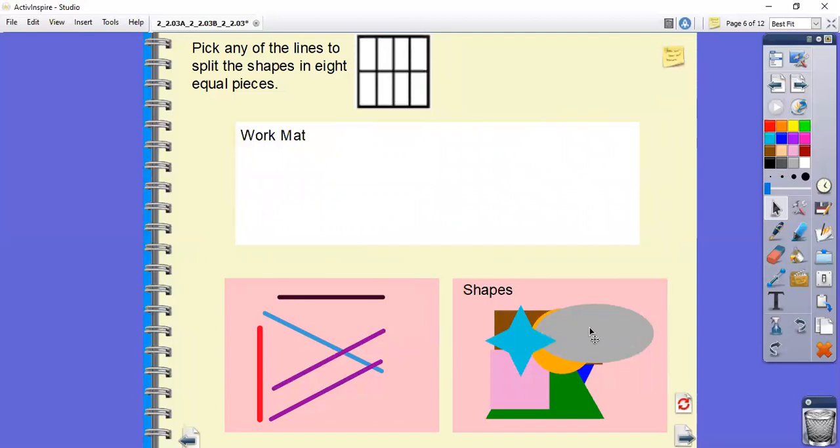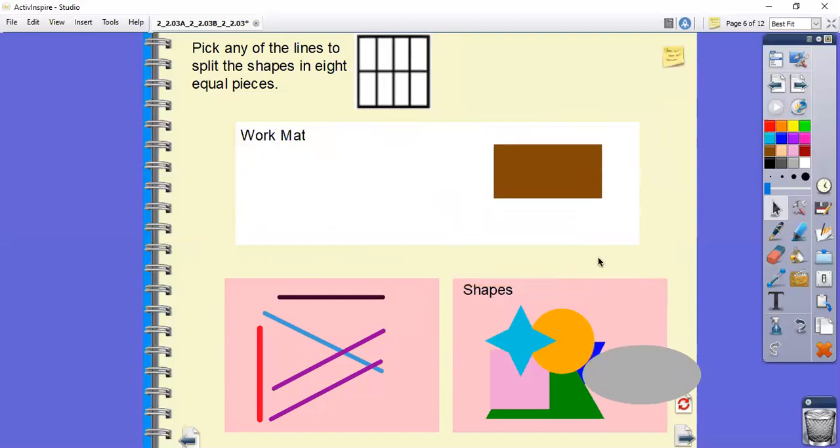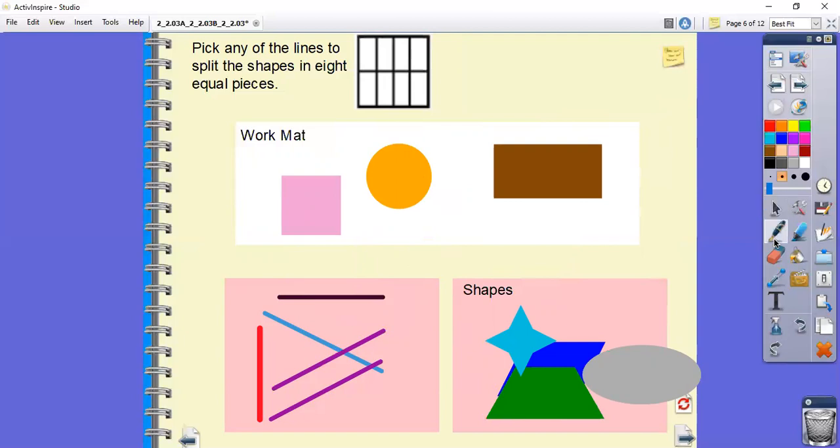Now here we're going to take a look at some of them and we're going to cut them into 8 pieces. And I'm just going to focus you on a couple of these. So you have lots of work to do today. Okay, so if I want to cut it into 8 pieces, there I have 2 pieces. I have 4 pieces. I'll do some more lines.